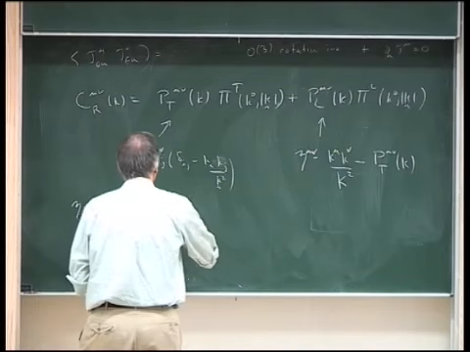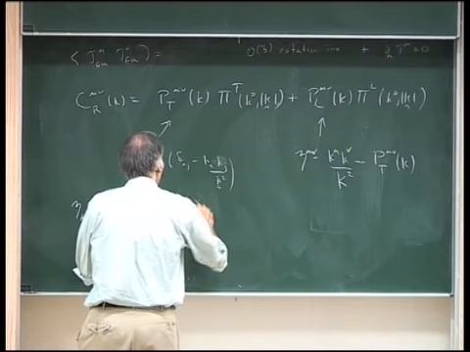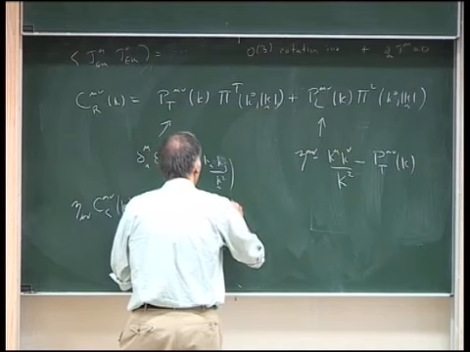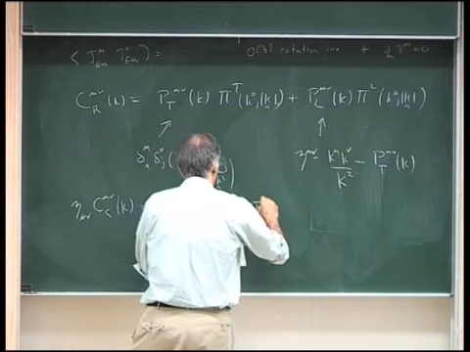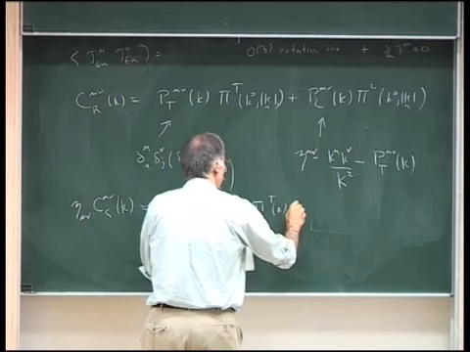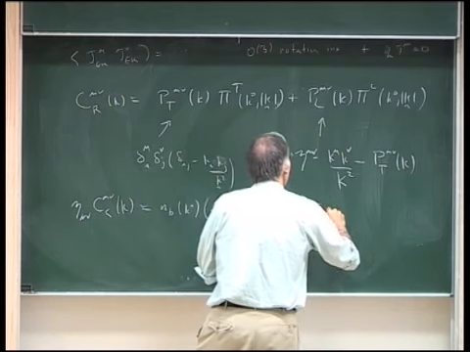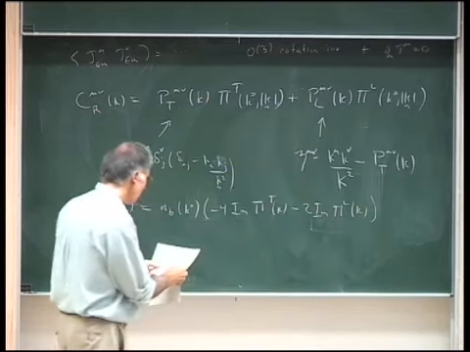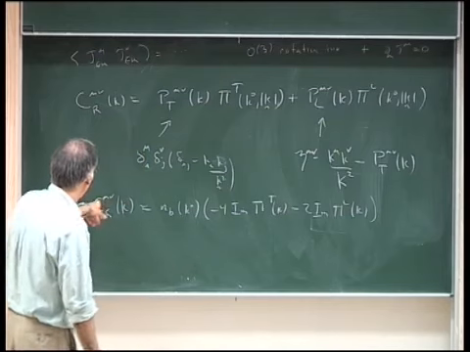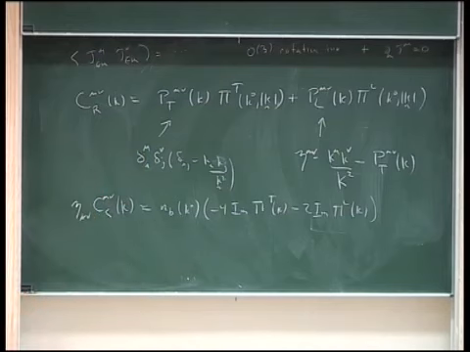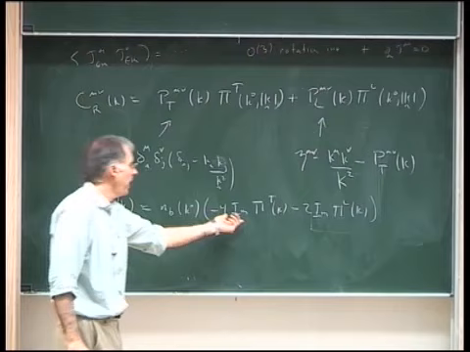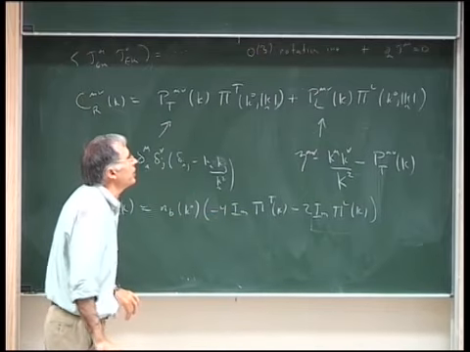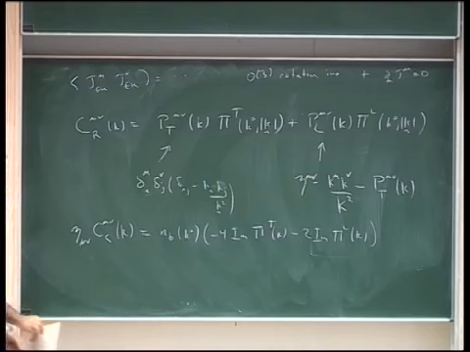So the net result is that the Wightman correlator, in particular, the trace of the Wightman correlator, is just related to the imaginary parts of these 2 self-energies. And I just wrote the trace.